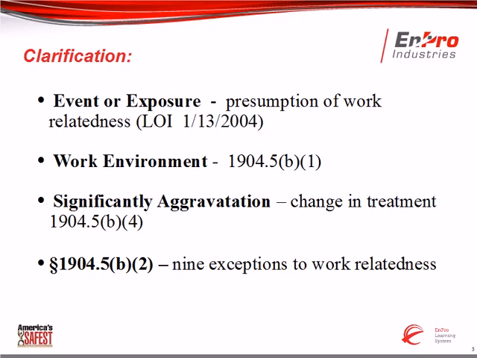The four main areas we're going to focus on: first and foremost, what is an event or an exposure? Then, what is the work environment and how is that defined? We're going to talk about significant aggravation, or significantly aggravated. And then we're going to make sure we cover the exceptions to work-relatedness that are laid forth in the regulations. So to start off, we're going to cover what is an event or an exposure.